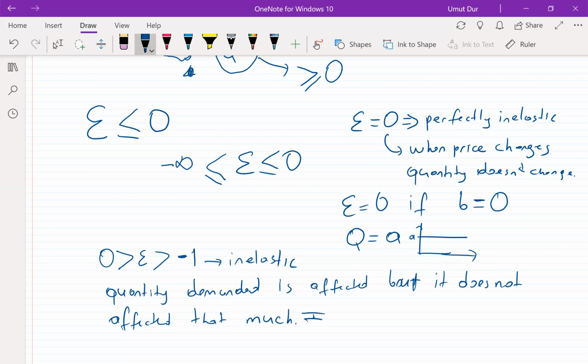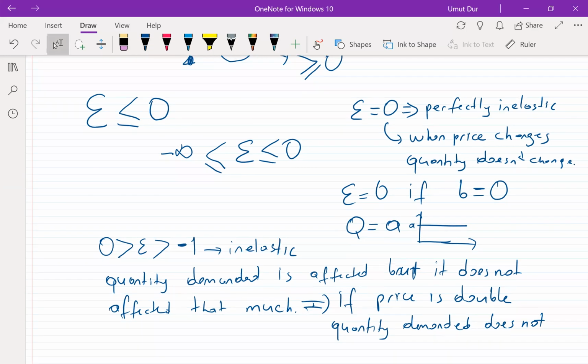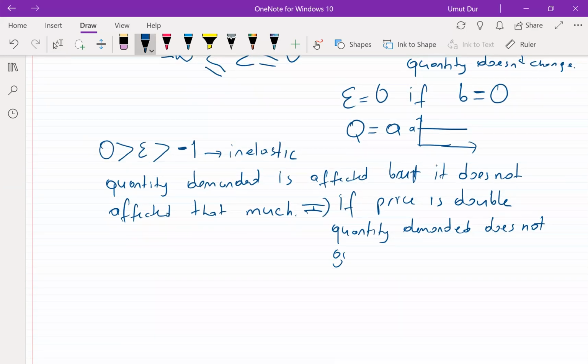what do I mean here? If price is doubled, quantity demanded does not go beyond that.